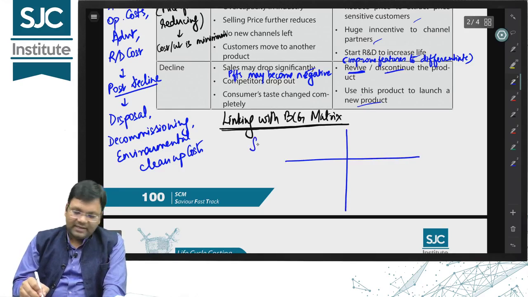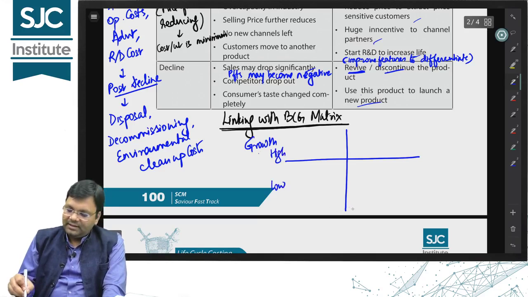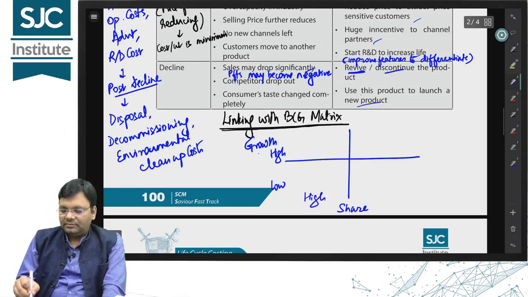One is market size, or you can say growth, which is high here and low. And then we have market share, which is high here and low here.